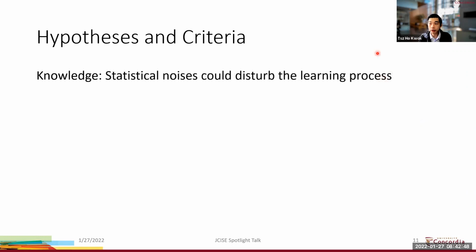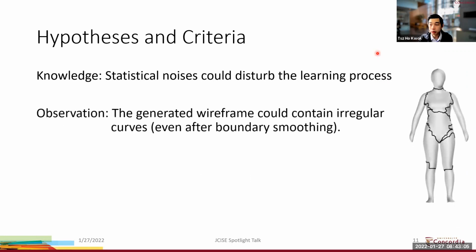The second comes from the knowledge that statistical noise can disturb the learning process. This is common; noises are always something we want to filter. Then we observe that in our case, the generated wireframe could also contain irregular curves, even after the boundary smoothing, because if the structural shape is different, then no matter how you smooth it, it doesn't help.